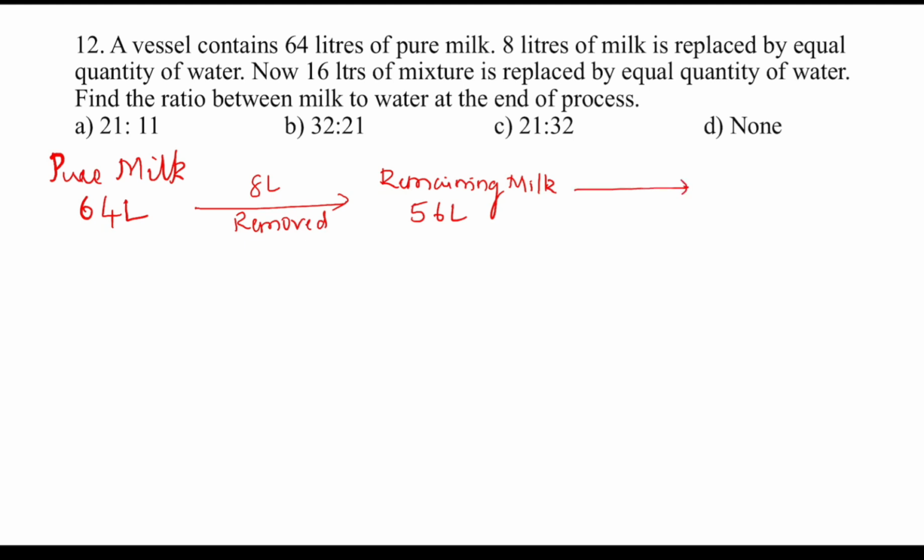Replaced means whatever you have removed, that much is added. So 8 liters of water is added now. It will be a mixture, not pure milk. Milk and water will be in the ratio: milk 56, water 8, so 7 is to 1.